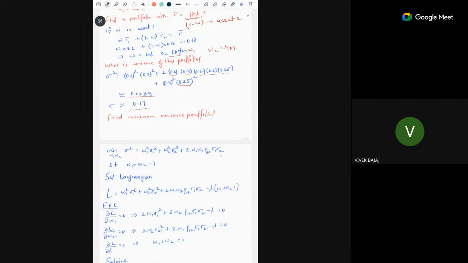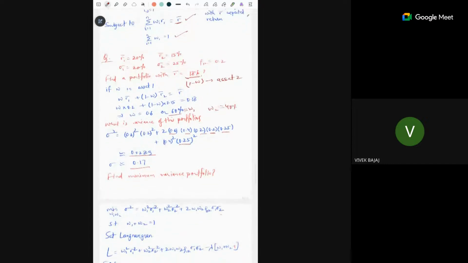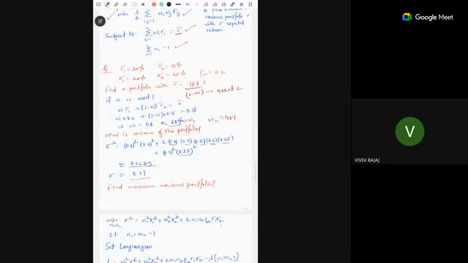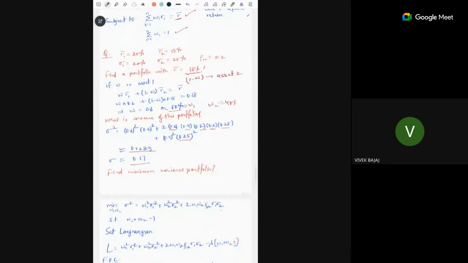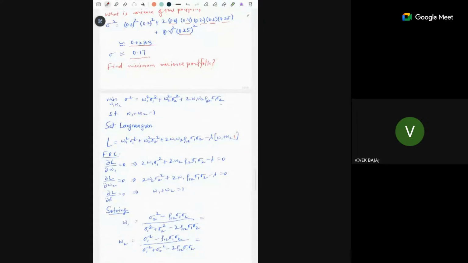Now, as I said, if you want to find the overall minimum variance portfolio, then the first subject-to condition vanishes, and in the two asset case you want to minimize the portfolio variance subject to W1 plus W2 equal to 1.